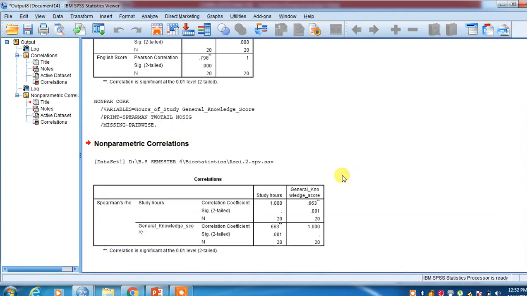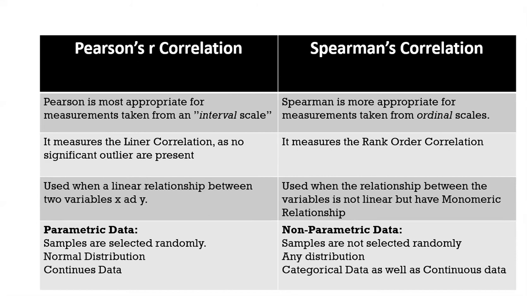Now we are comparing these two correlations, Pearson's r correlation and Spearman's correlation. In Pearson's correlation, the interval scale is used for measurements, whereas in Spearman's, ordinal scales are used for taking appropriate measurements.